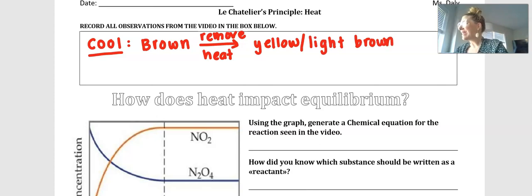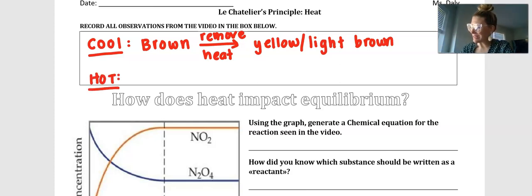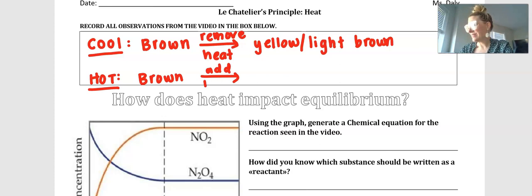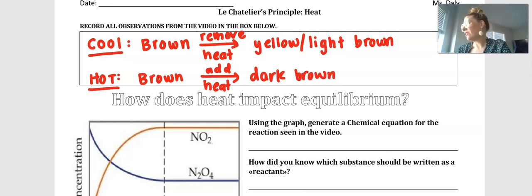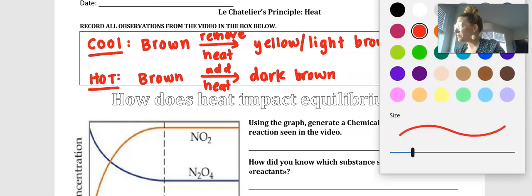And then when we had it in a warm environment, it was brown, and we added heat. We saw a dark brown color. Let's decrease that pen thickness a bit.